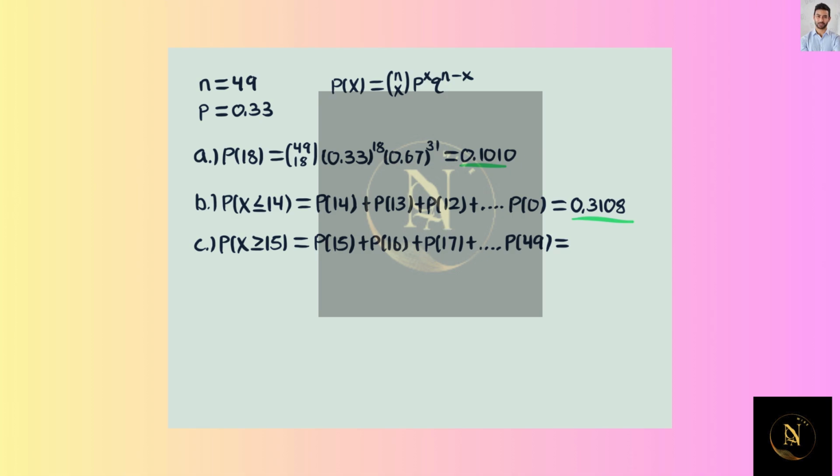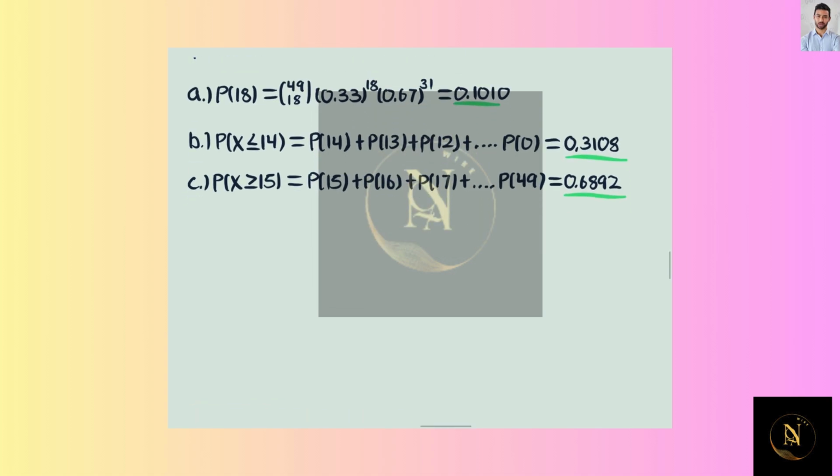So what we get is an overall probability for at least 15 of around 0.6892. All right, 0.6892.